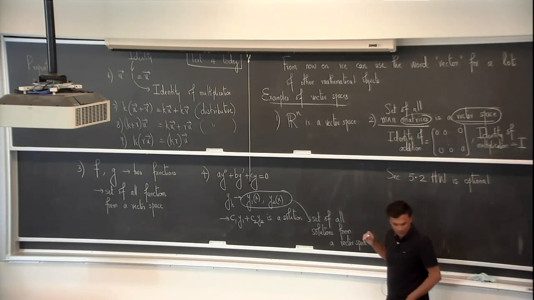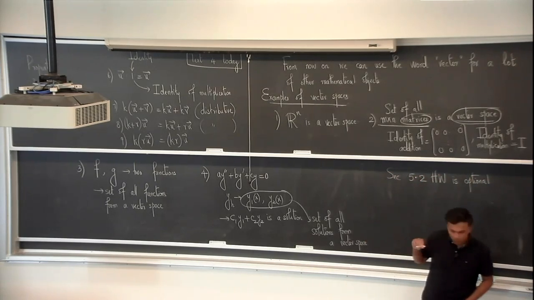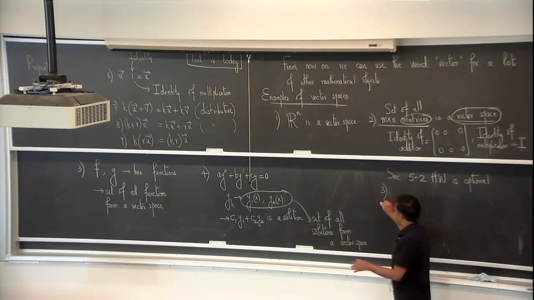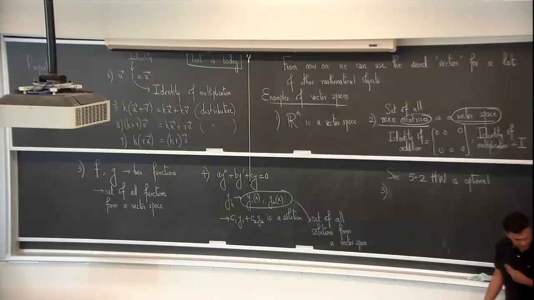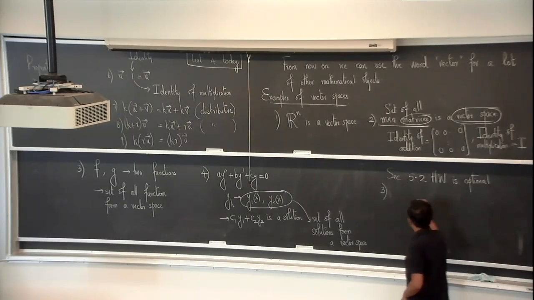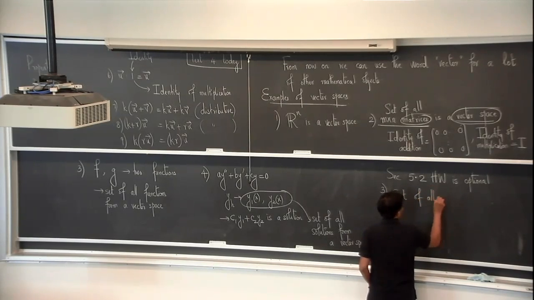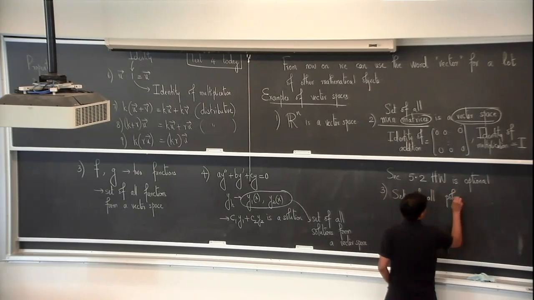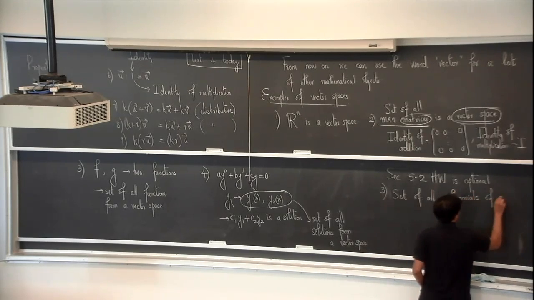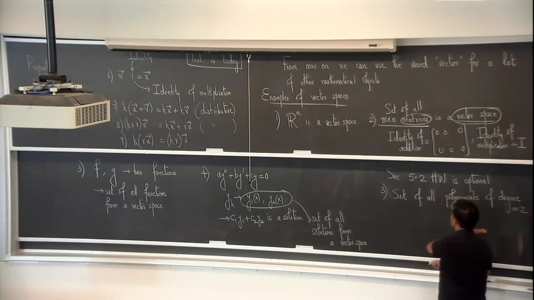So this is section 5.2, problem number 3. Just got multiple parts. I'll just choose 2 of these. Okay. The set of all polynomials of degree equal to 2. Set of all polynomials.